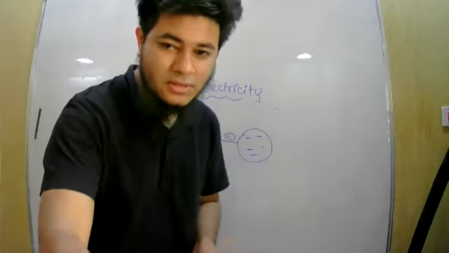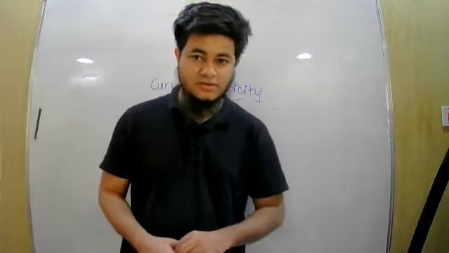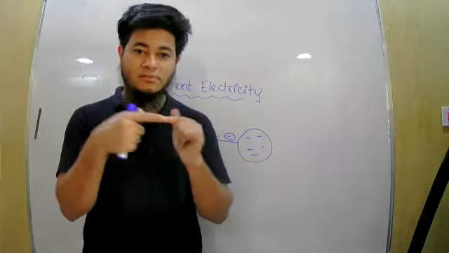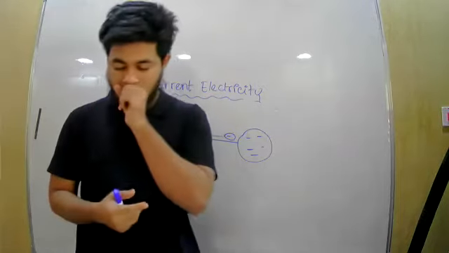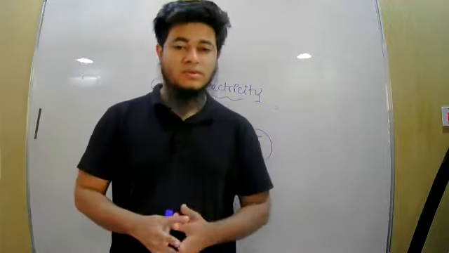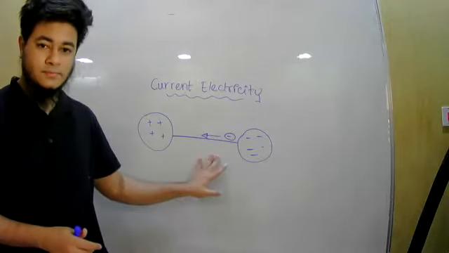What causes the charge to flow? The answer is potential difference. If you can develop potential difference between two points and you connect those points through a conductor, then you can say there will be some current flow, or some charge flow. Is it clear?